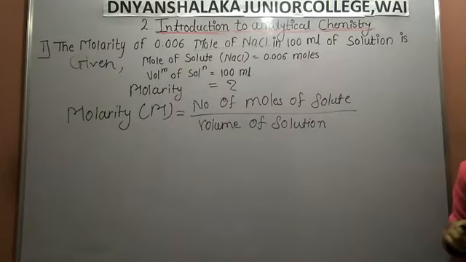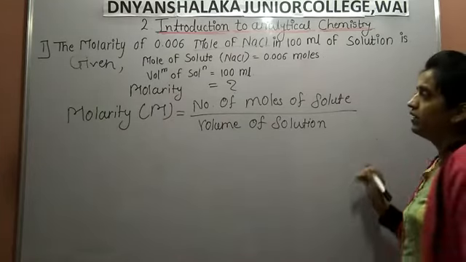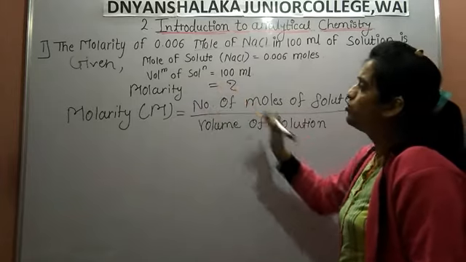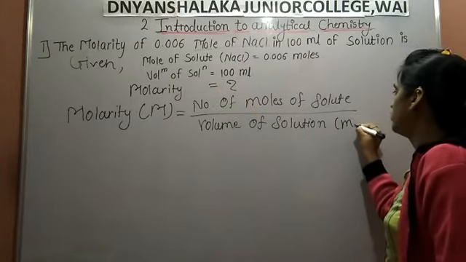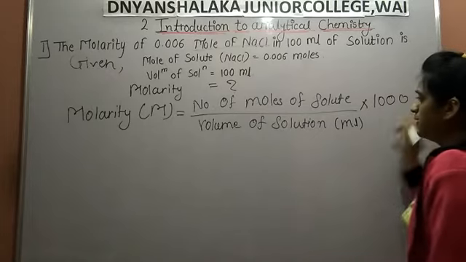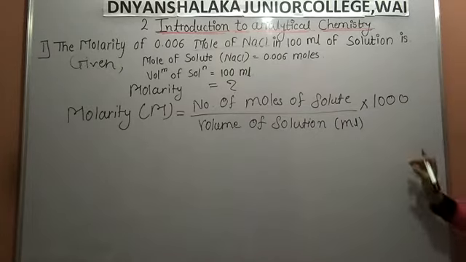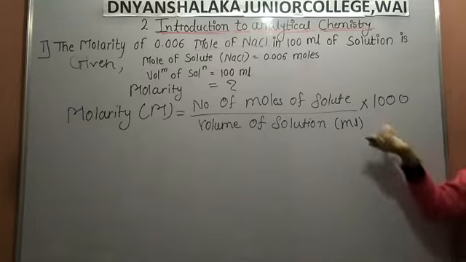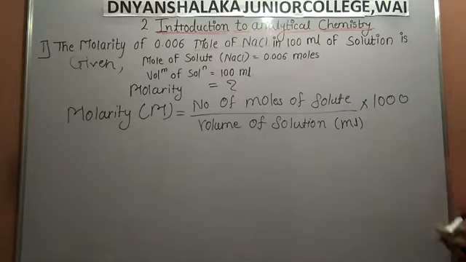But in this example, we are given the volume of solution in ml, so we multiply by 1000. In some questions, when the volume of solution is given in milliliters, we multiply by 1000.